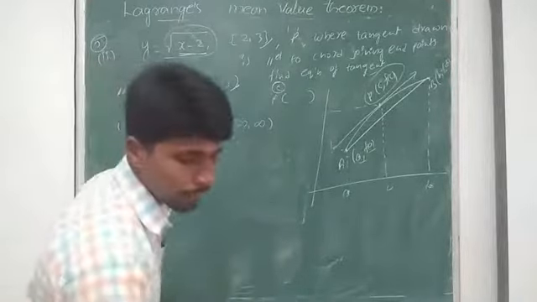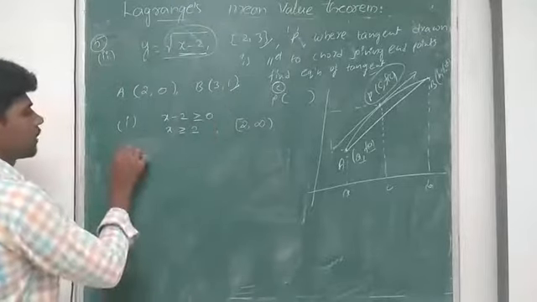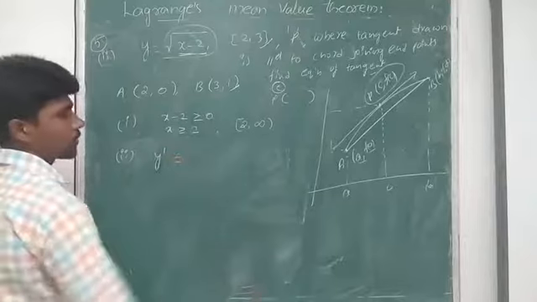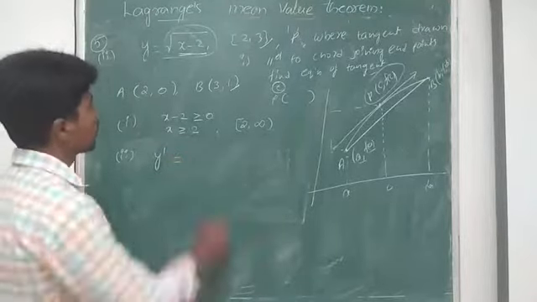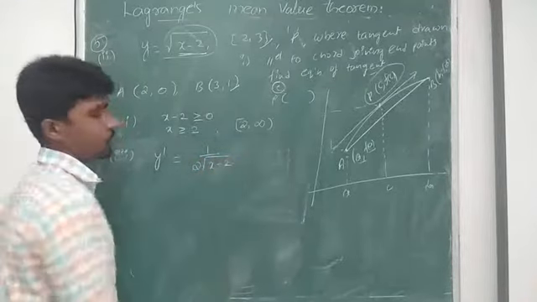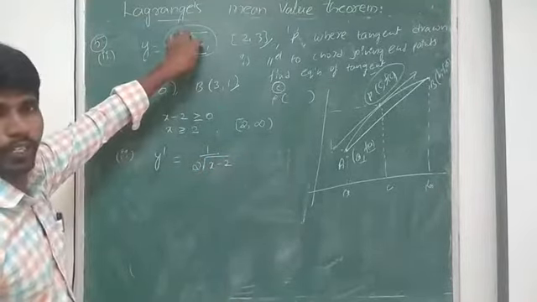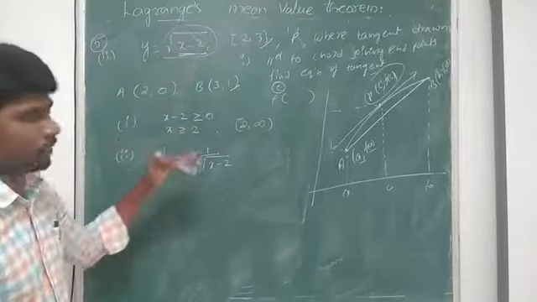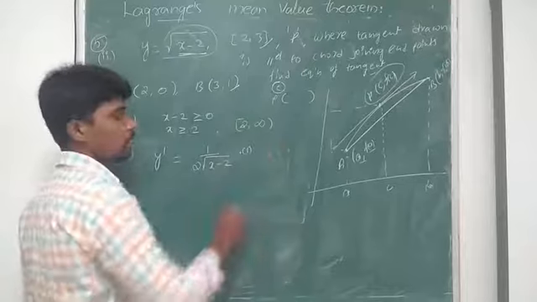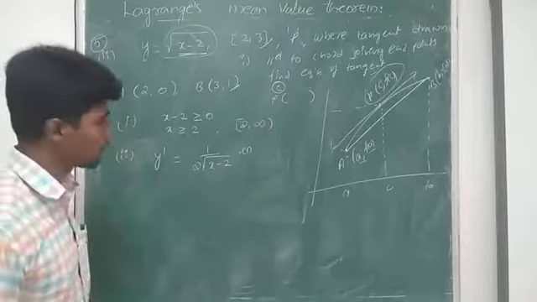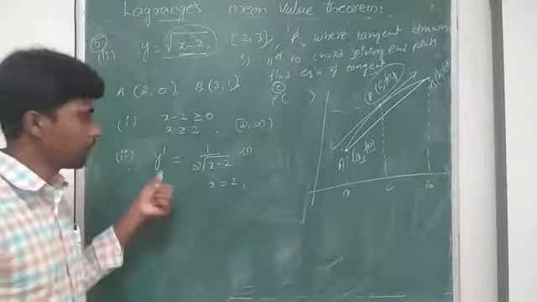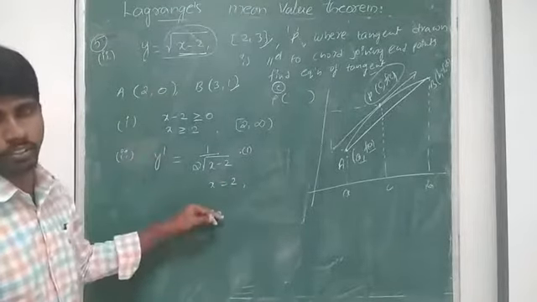Now differentiability. Find y dash, dy by dx. y dash is equal to 1 by 2 root of x minus 2, since the derivative of root x is 1 by 2 root x, and the derivative of x minus 2 is 1. For x equal to 2, the derivative of y does not exist.